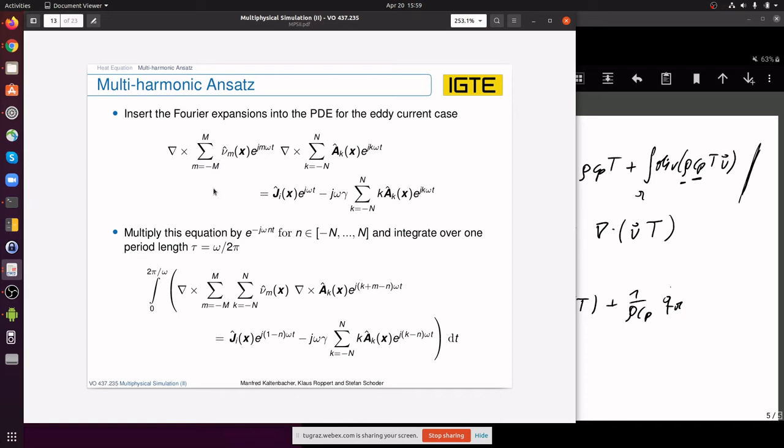The way to obtain the linear system is actually straightforward.